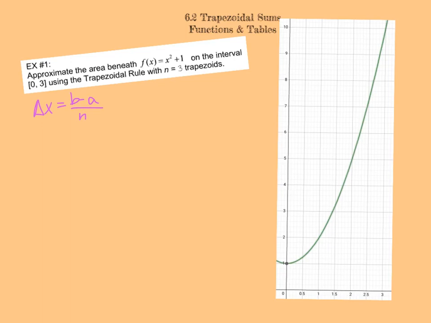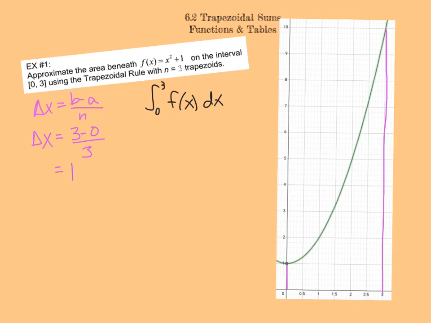So what we want to approximate, the area beneath that, is the integral from 0 to 3 of our function. So this is the upper limit, 3. This is the lower limit, 0. N is 3. So this one's pretty easy just because we want the distance from 0 to 3, and we want 3 trapezoids, so each one has to be 1 unit long. You can just kind of think about that.